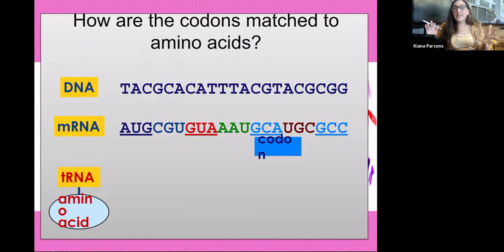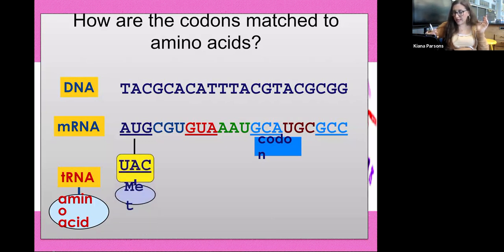And the tRNA is what's going to actually drop off the needed amino acids, similar to how RNA polymerase drops off the RNA bases as the DNA is being transcribed. The tRNA drops off the amino acids as the mRNA is being translated, okay? So the tRNA is sort of helping the mRNA actually create an amino acid sequence.